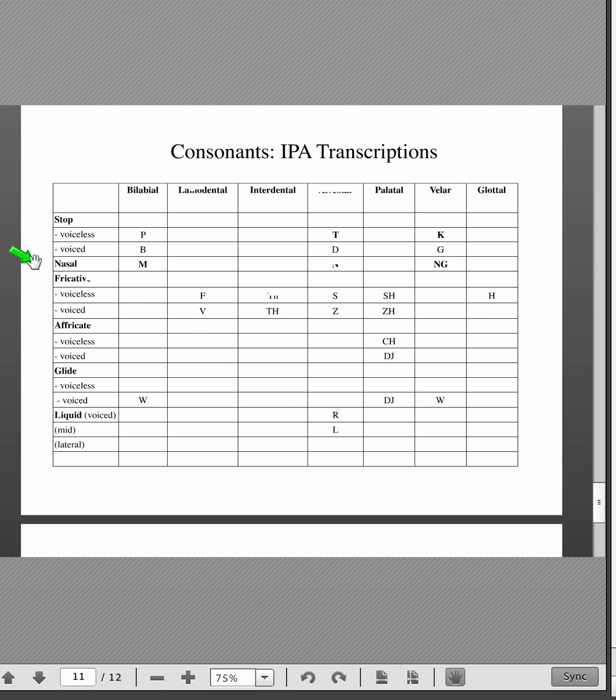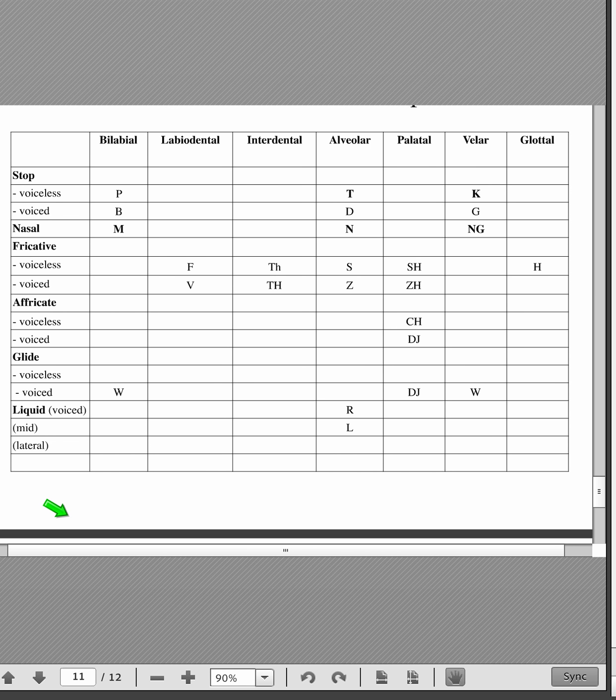Okay, nasals, there's just one type. There's M, N, and NG. Then we have the fricative, which is voiceless. F, f. Knife would be pronounced short, that's fine. Fifth would be pronounced short, or nice.